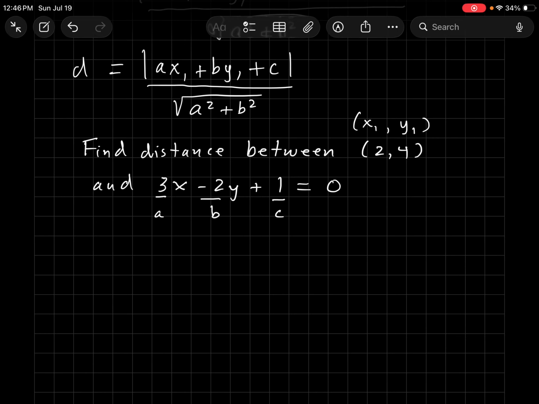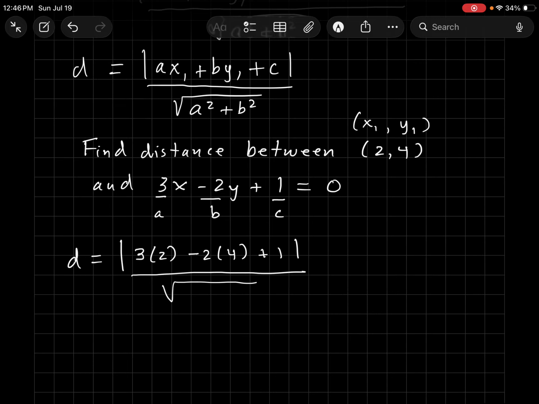So all we have to do is plug these things into our formula up top, and we get the distance is a times x1 plus b, negative 2, times y1 plus c all over the square root of a squared, 9, plus b squared, 4.